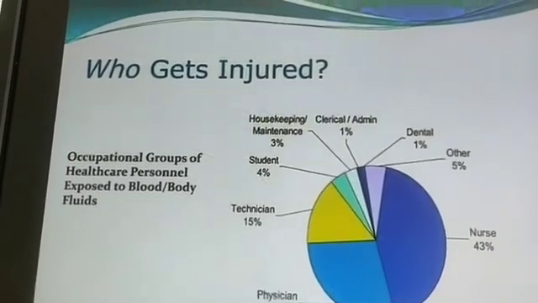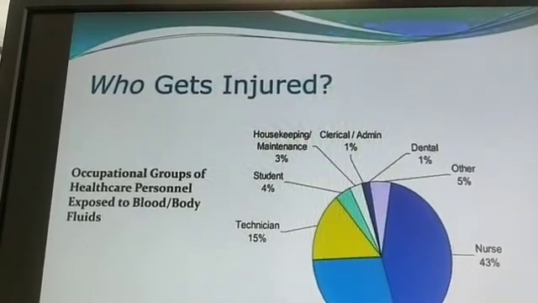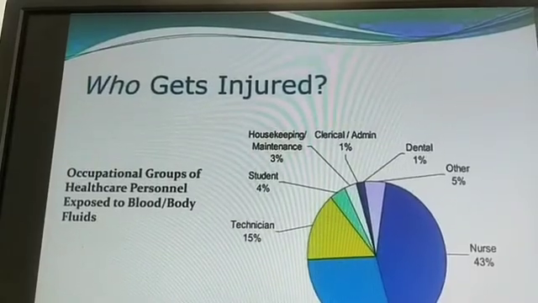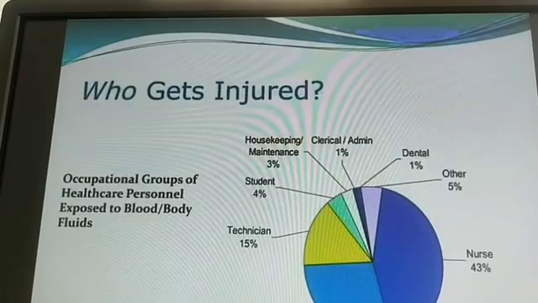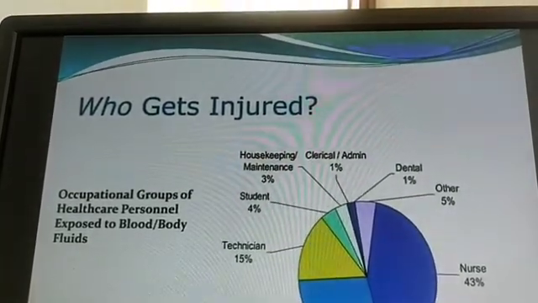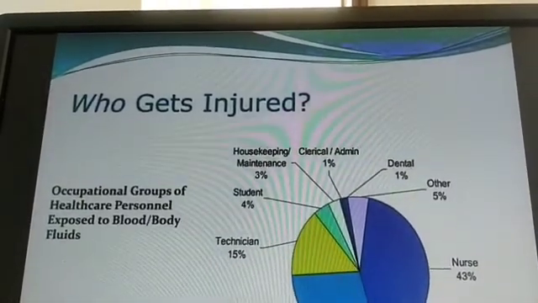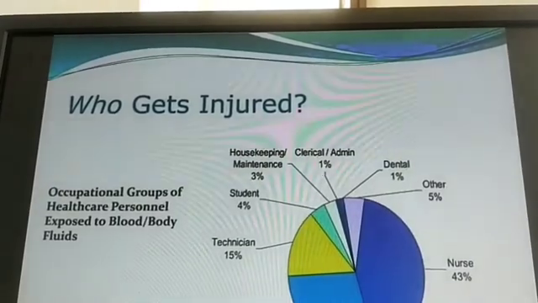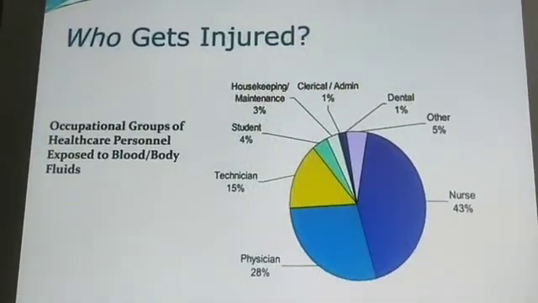Who gets injured? Occupational groups of healthcare personnel exposed to blood and body fluids. They can be clerical staff, administrative, dental staff, housekeeping staff, students, technicians and the nurses and physicians.